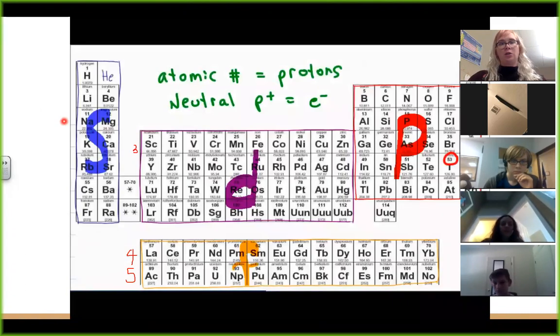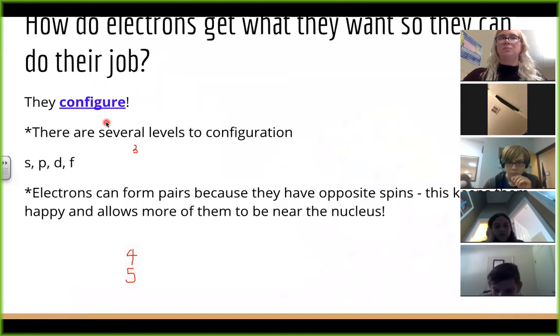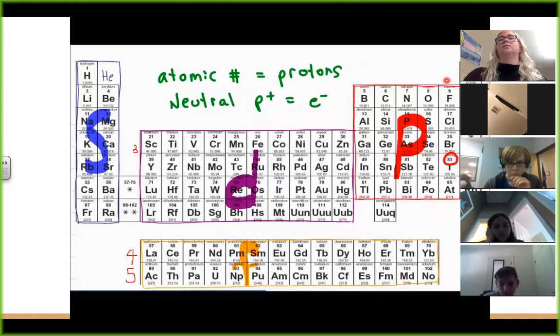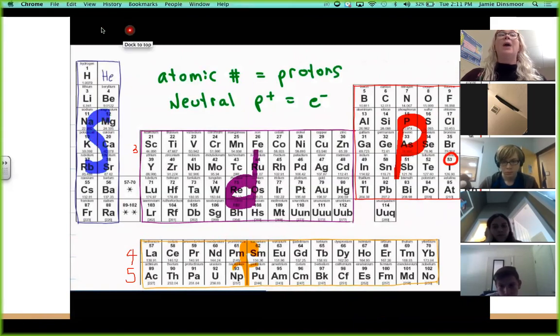I'm going to go back to our little periodic table here. Your choices: oxygen, magnesium, or what was the other choice? Chlorine. So choosing one of those, I'm going to be quiet for about a minute, letting you try to write out the configuration.